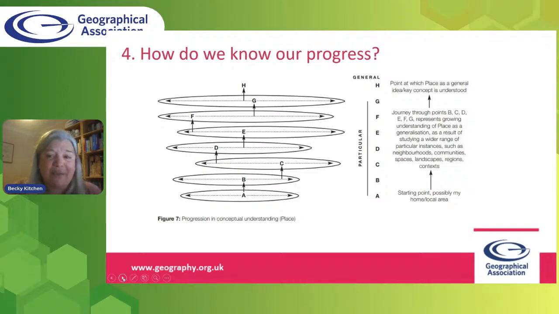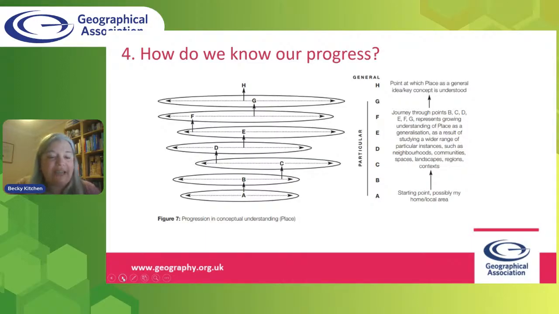Maybe that's the end of year 7, and then through to C. Maybe that's the beginning of year 8, and by the time they get to H, which let's say is the beginning of A level, or during their A level studies, that's the point at which place as a concept is really understood. But in order to get there from A to H, you've got to journey through points B, C, D, E, F, and G. And at each level, there is going to be a growing understanding of place.